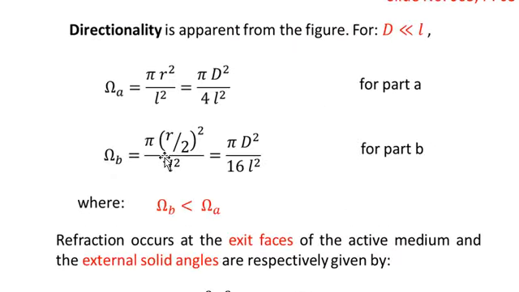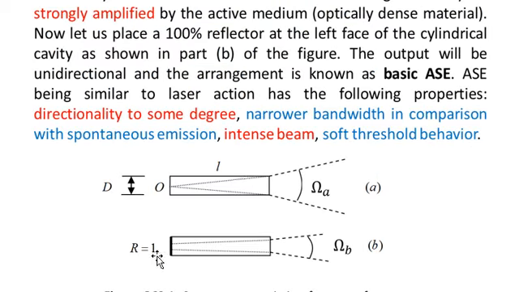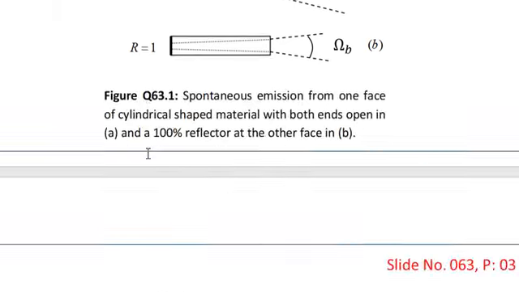Now here we have talked about the directionality. Next we may talk about the bandwidth of the ASE beam in comparison with the bandwidth of the stimulated emission beam.